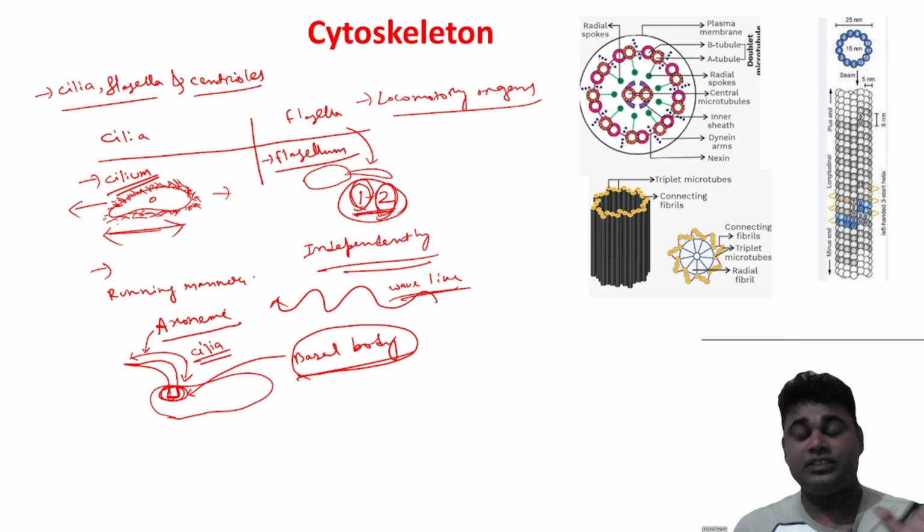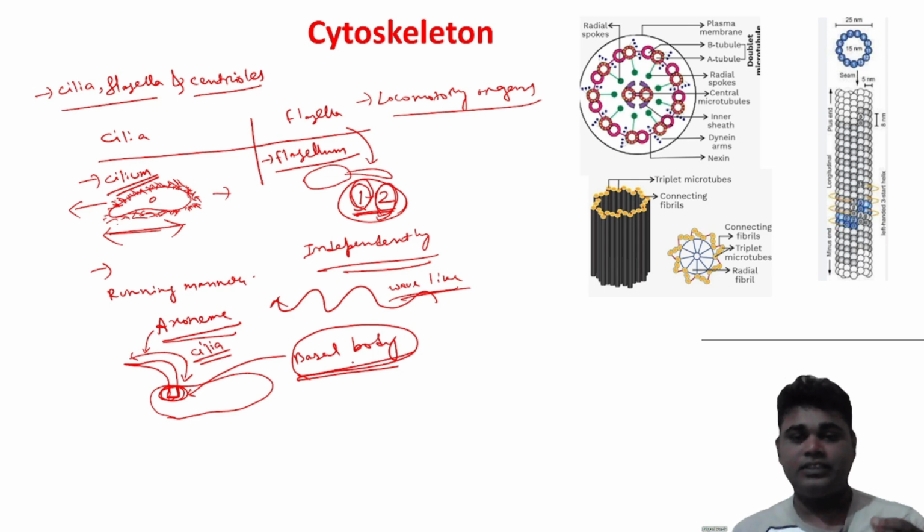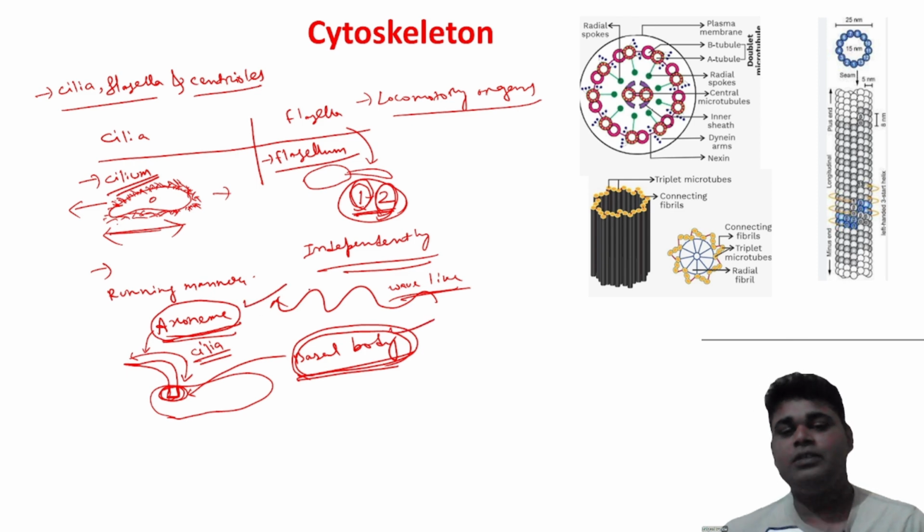They have two different parts. One is called the axoneme, another is the basal body. Obviously the microtubules are present inside the axoneme and also in the basal body, but the structures are very different.